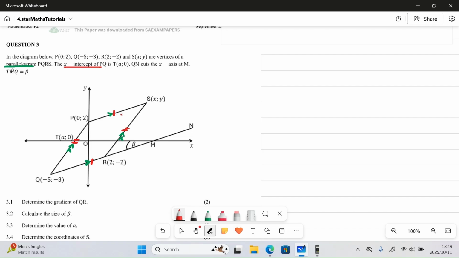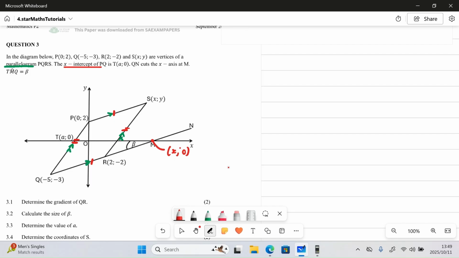We are also told that QN, where is QN? Okay, this line crosses the x-axis at M. So we know that for any point on the x-axis, the value of y is 0. We don't know the value of x, meaning for you to find the coordinates of M, you need to find the x-intercept of QN.